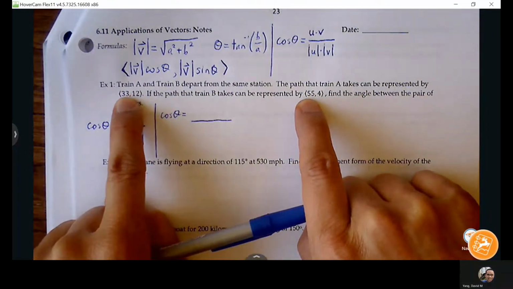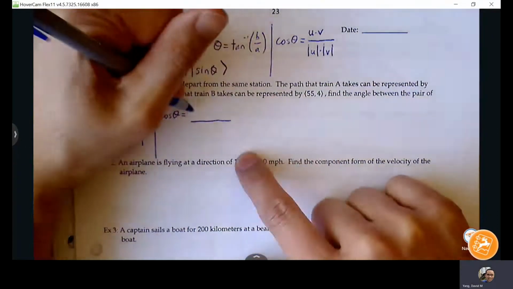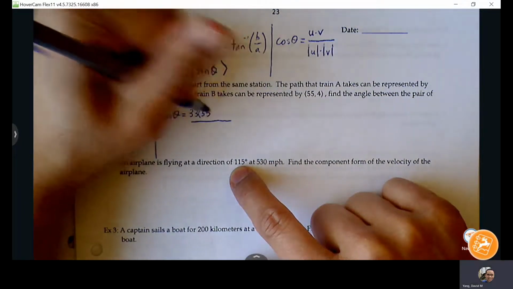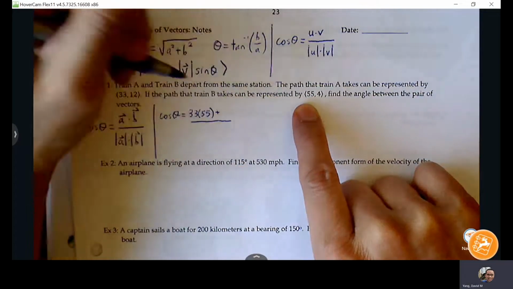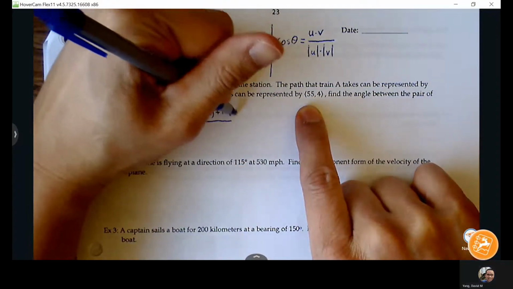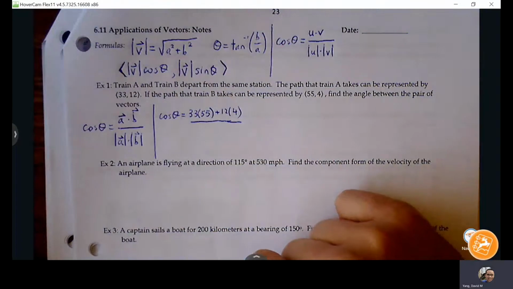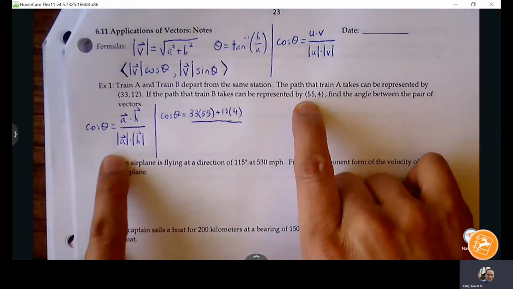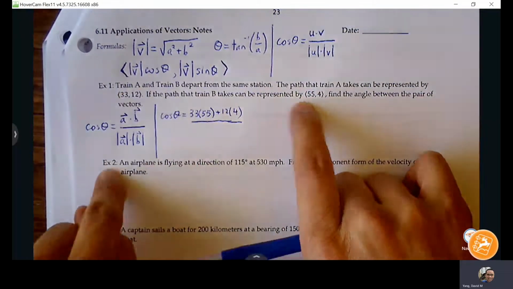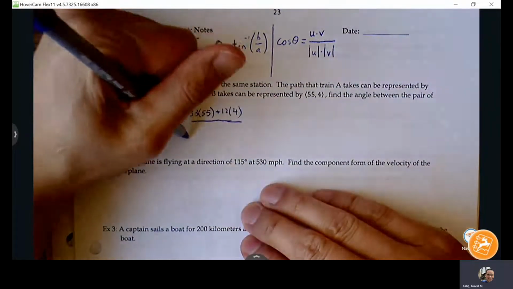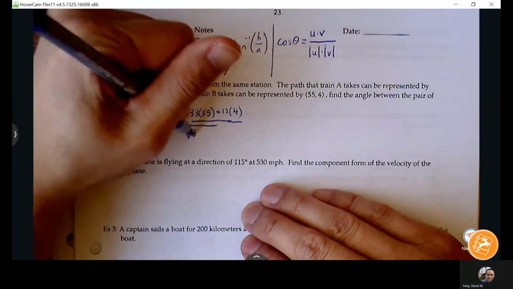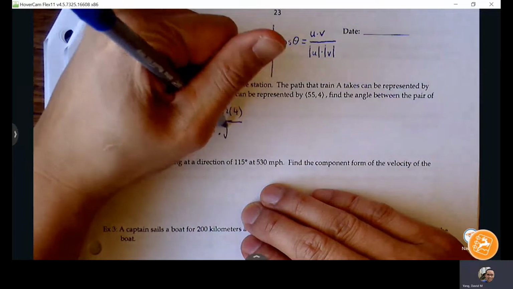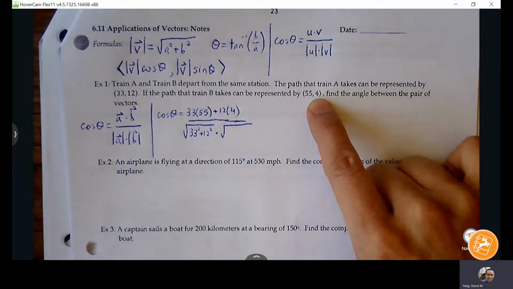So 33 times 54, or sorry, 33 times 55. Magnitude. So magnitude of vector A, we can just do Pythagorean theorem, times magnitude of vector B.